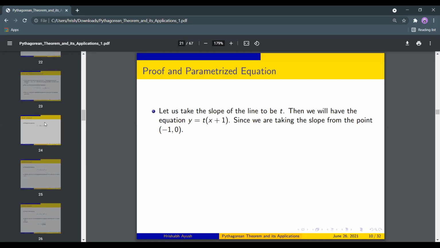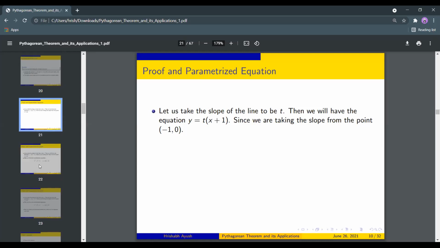Okay, I can explain this with a diagram. So let me annotate. Yeah, so this is a circle and the point -1, 0 would be here.